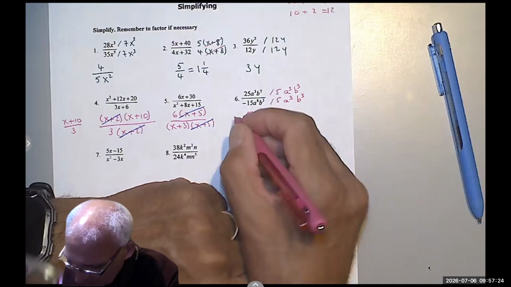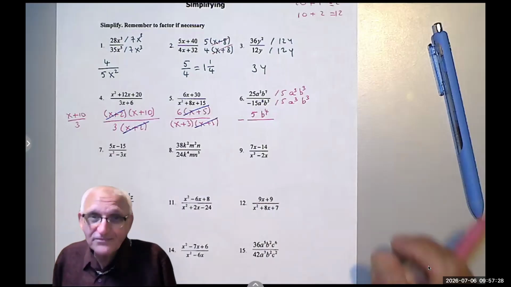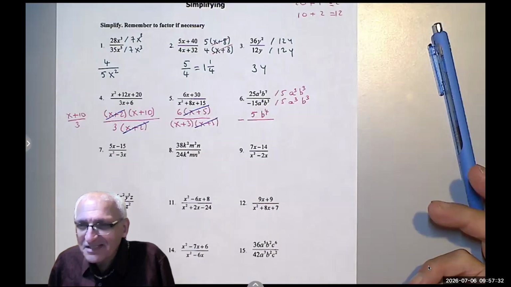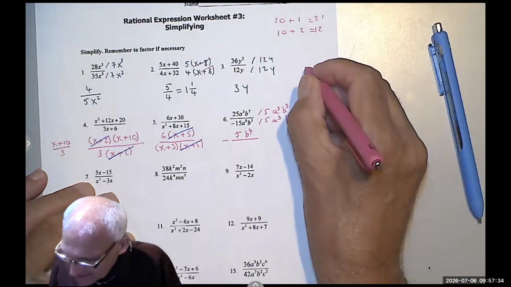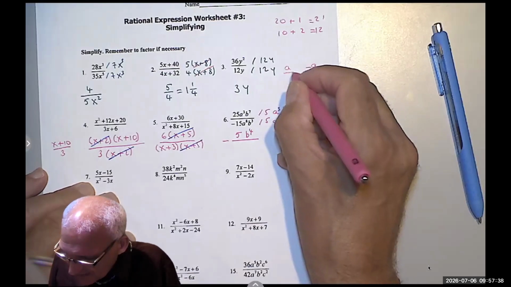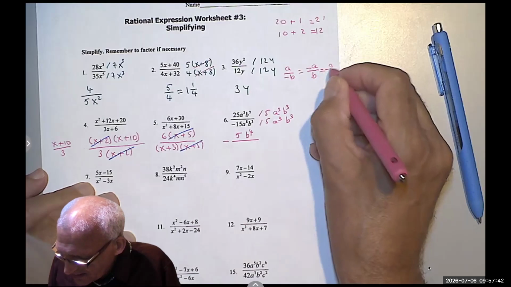Notice I prefer to write the negative here. And someone may say, oh, but the negative sign is in the denominator. What do you mean? There is no difference between -a over b and a over -b and -a over b.